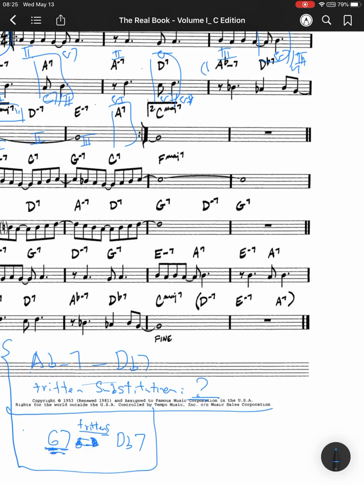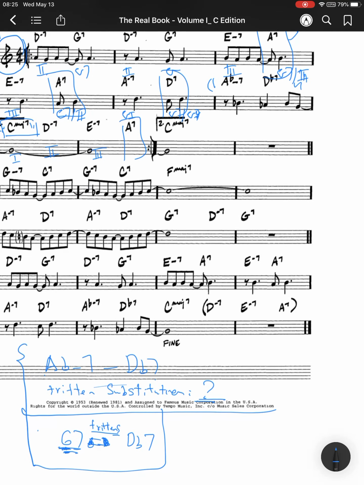Of course, there are rules, but we are not trying to emphasize those rules. We just want to focus and understand a little briefly about these kinds of things. So we can use D flat 7 as a tritone substitution for G7.